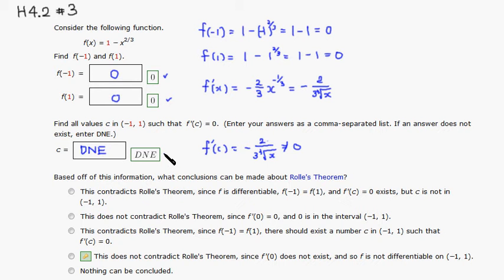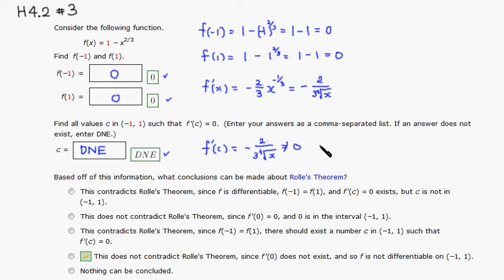So what happened is we thought there should be some number c such that the derivative equals 0 according to Rolle's theorem.